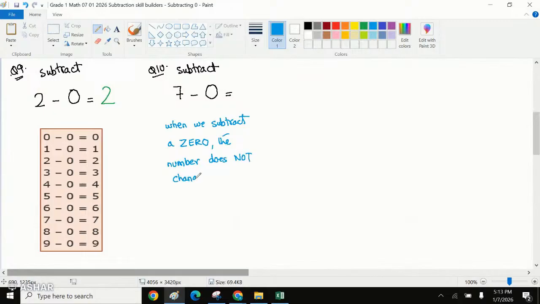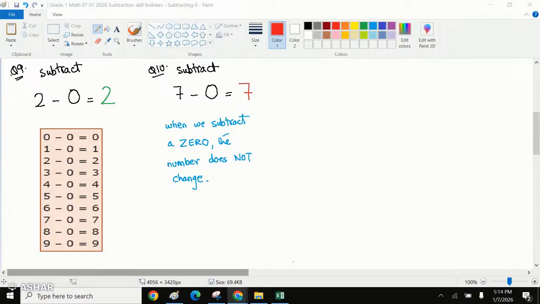The number stays as it is. It's like you have 7 candies, you did not eat any one of those. So at the end of the day, you still have 7 left with you, right? Whenever we subtract a 0 from any number, the number will stay the same. Very good. Thank you so much for responding.